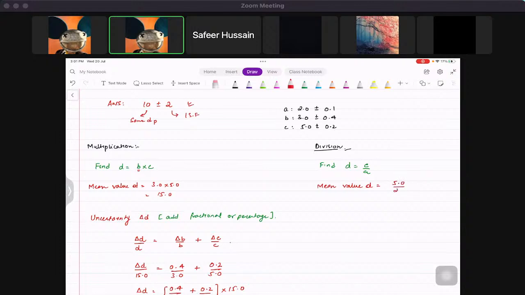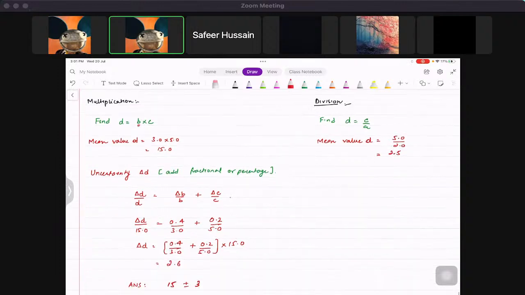So this will give us 2.5 as the answer. Fine. Now the uncertainty must be written the same way. Delta D over D equals delta C over C plus delta A upon A. So you're going to pick each variable and make a fraction and add them.